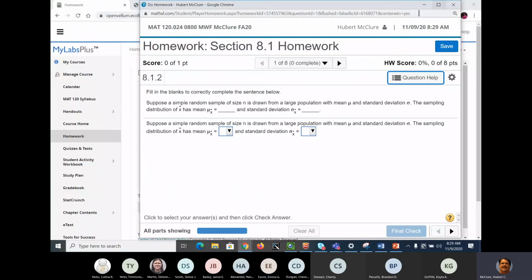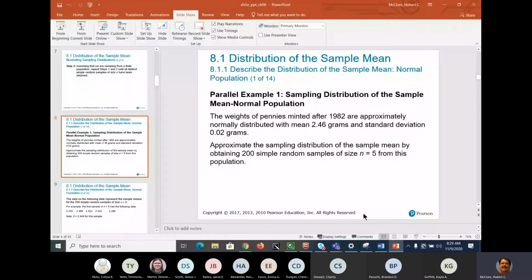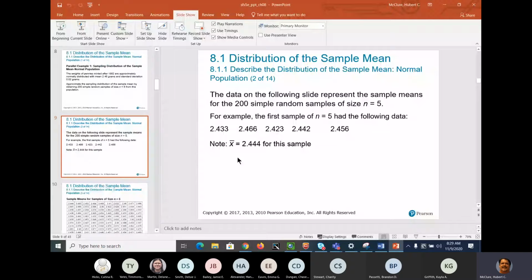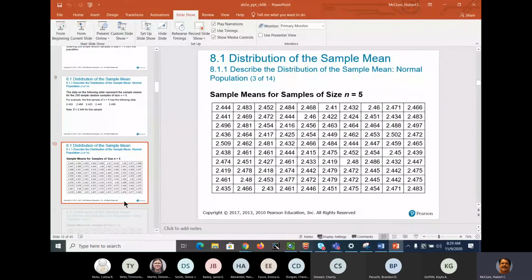And let's see. Okay, here the data of the following slide represents a sample mean for the 200 simple random samples of size n equal to 5. For example, the first group is right there, and the mean of this first group is 2.44. And see, here's the whole group.